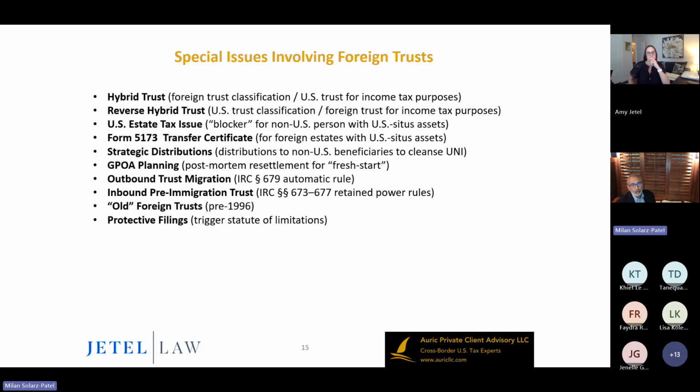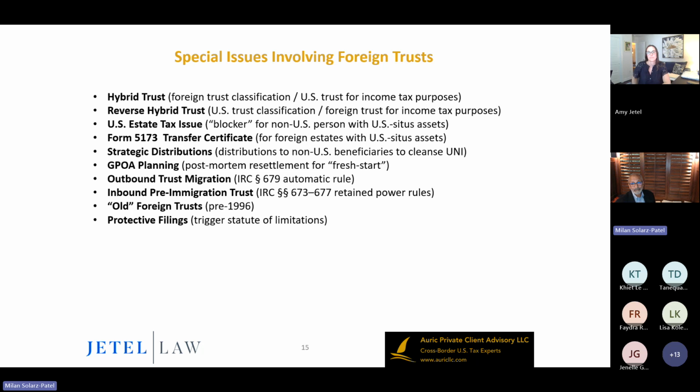Why is it also important with this estate tax issue? I have news for everyone, we are all going to die. So as much as your clients think they are not going to die, they are going to die. And when that does happen, it will be sad. But what also happens is if they have assets in the United States in custody with a bank, these banks will not release these funds without this Form 5173 transfer certificate.